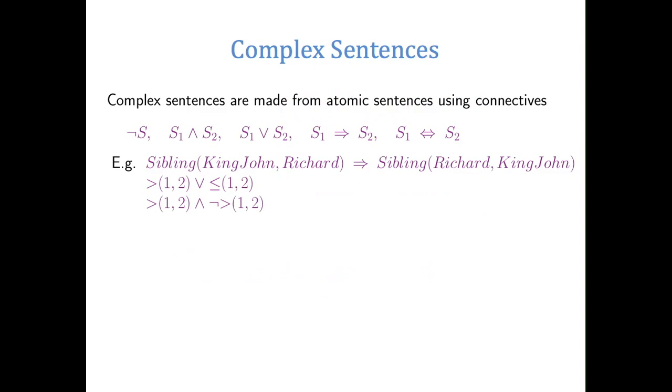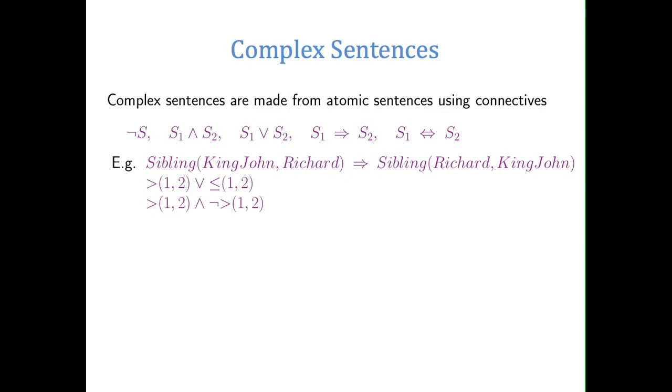Now, those are atomic sentences, and we can create more complex sentences from atomic sentences using connectives. So we could have some sentence S, and a complex sentence from S might be not S, or if we have S1 and S2, S1 and S2 would be a complex sentence, and so forth.